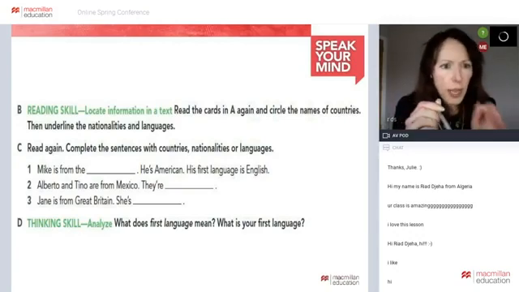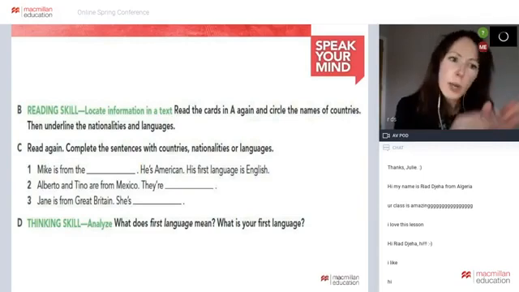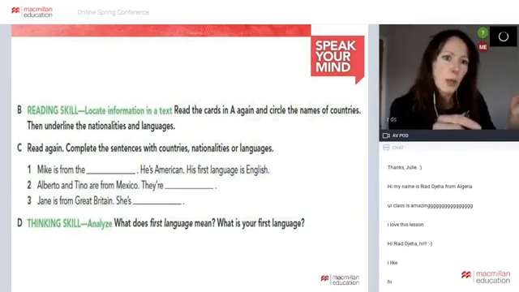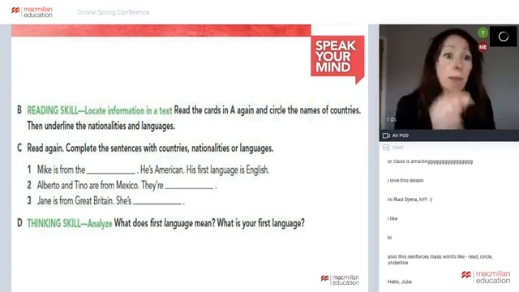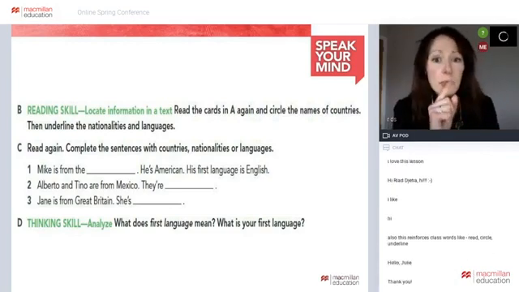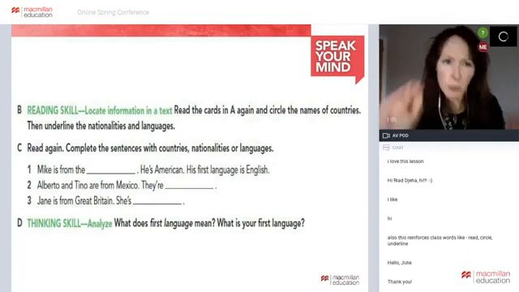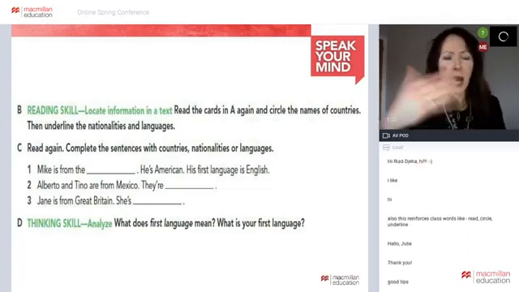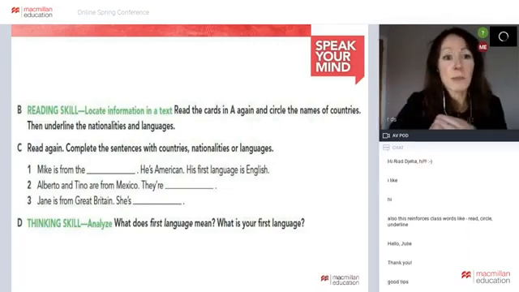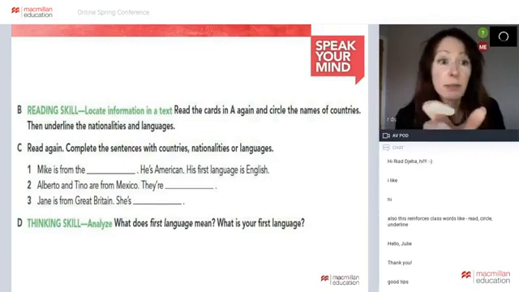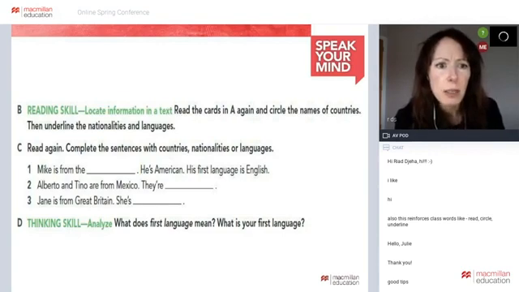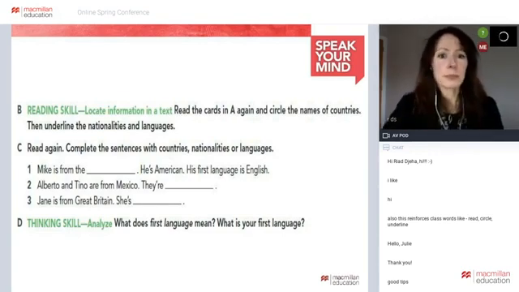So for activity C, for that lower level student, they're going to go back to the reading and look at those business cards, find the answer there, and copy the word into the gap. For a higher level student, within the lower level parameters, so a good A1 going on to A2, they can access the information for those gaps from the sentence. We know that Mike's American, so Mike is from the US.